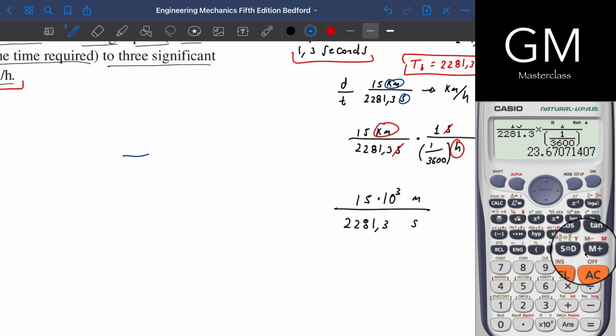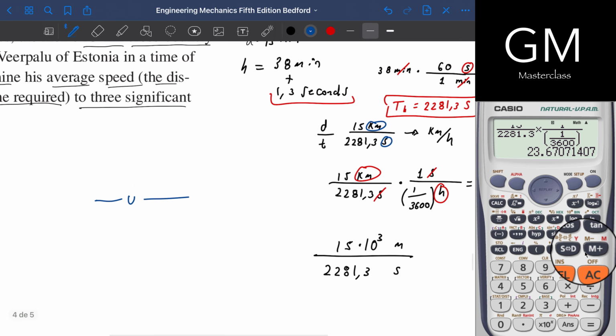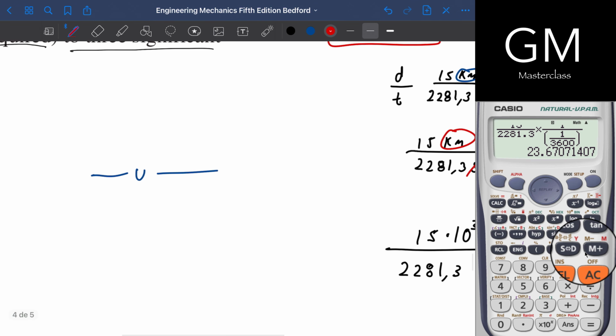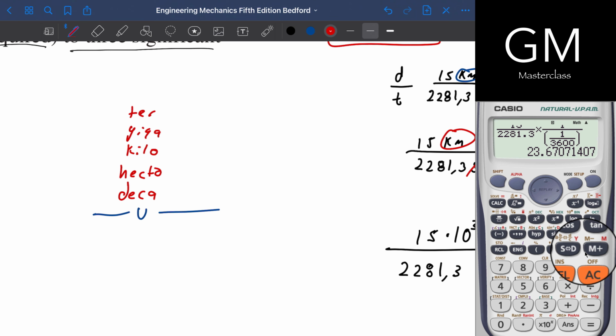So there is this chart of prefixes in which we have the unit in the middle of the chart, and up above of it we have the prefixes as follows. Unit, deca, hecto, kilo, giga, tera, peta, hexa.